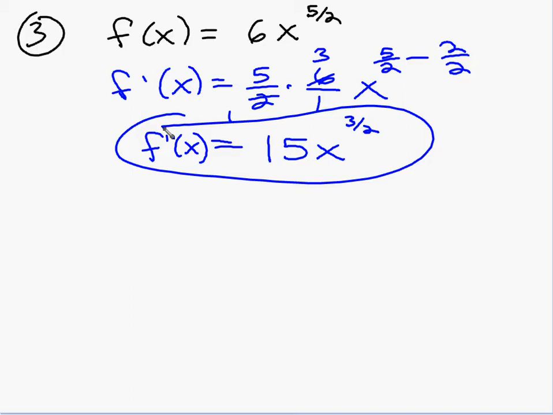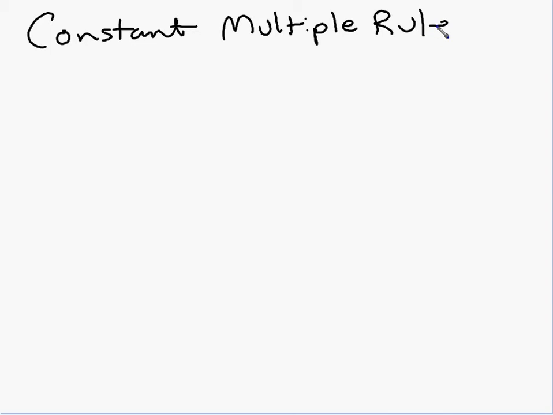Now, the next one is also important. It is what is called the constant multiple rule. And oh my goodness, this is so big, but for some reason it seems like calculus students always forget this.